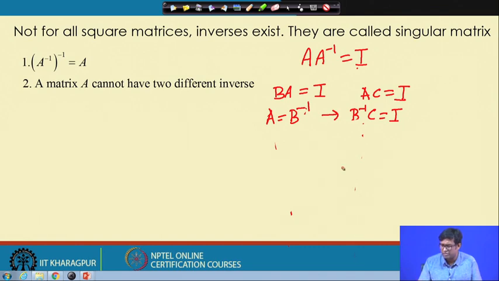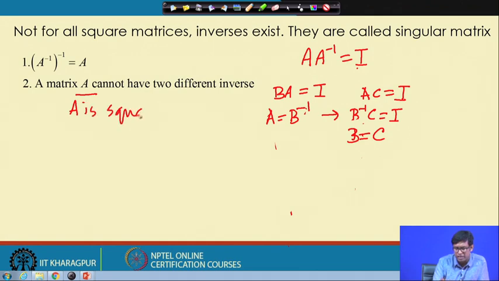So, we can see B inverse is nothing but C inverse, and this can be utilized to get B is equal to C. So, two inverses of a square matrix must be same, or a matrix cannot have two inverses, but this is true only when A is a square matrix. As we said, the idea of inverse exists for square matrices only. For rectangular matrix, we will discuss what is there.